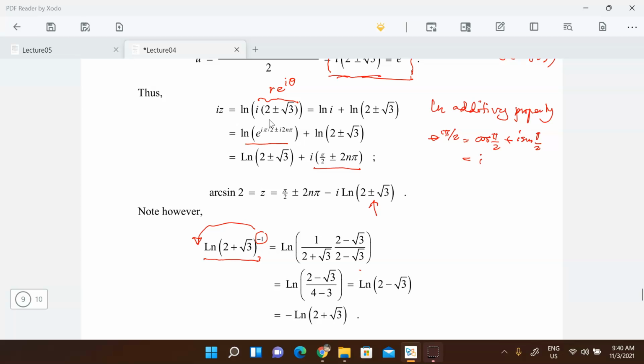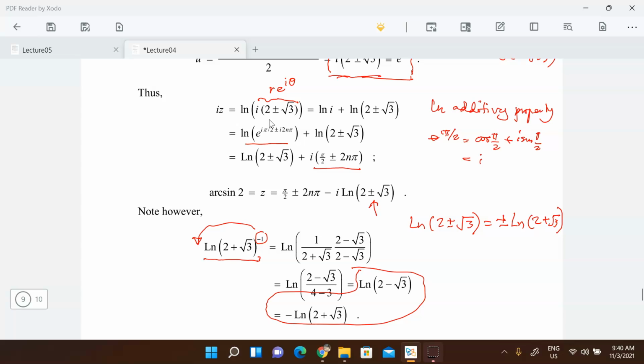So in this particular case, I am able to write log of 2 plus or minus root 3 equals plus or minus log of 2 plus root 3.